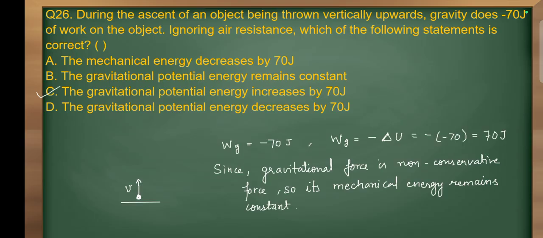Since here gravitational force work is given as minus 70 joule, and we know that work done is equal to negative of change in potential energy. Here work is given as minus 70, so the change in potential energy will become plus 70. That means the gravitational potential energy of the object is increased by 70 joule. So option C is correct.